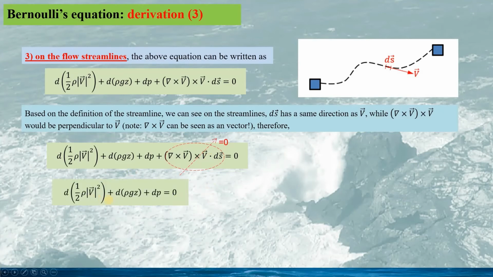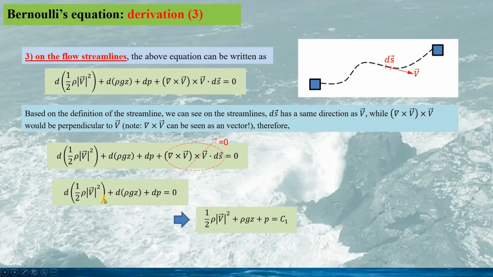And then the equation can be expressed as this. Here, we must note the density ρ and the gravitational acceleration g are both constant. Otherwise, we can't obtain the relation as this.